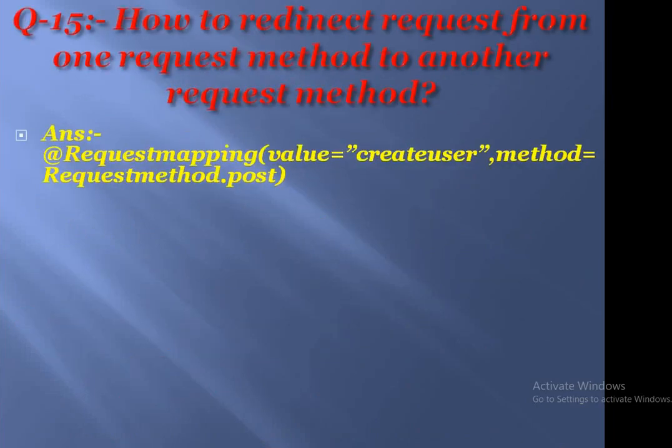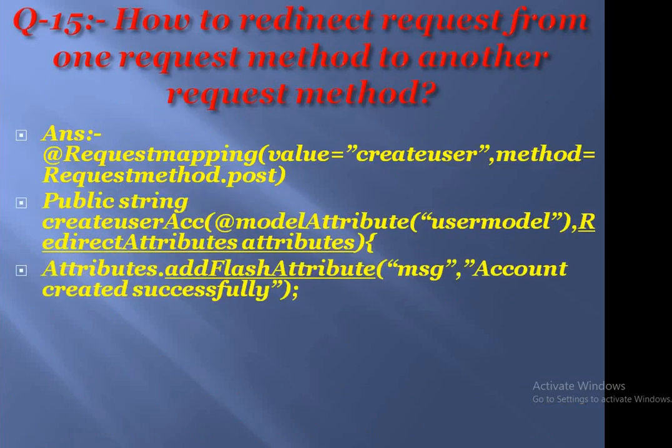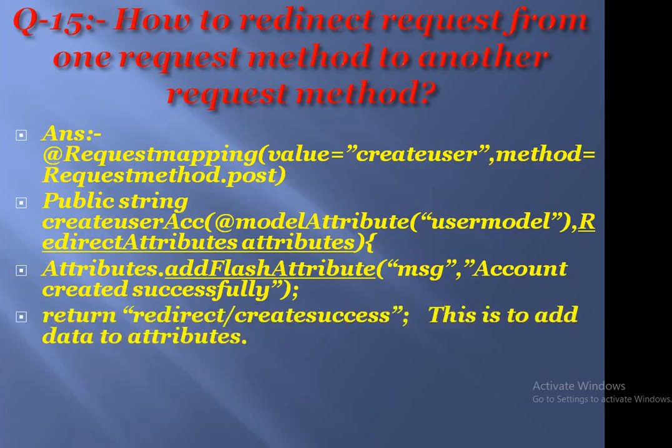How to redirect a request from one request method to another request method? This is sample code by which we can redirect the request: @RequestMapping value equal to createUser, method equal to RequestMethod.POST. In the post method, public String createUser, @ModelAttribute user model, RedirectAttributes addFlashAttribute message, account created successfully.